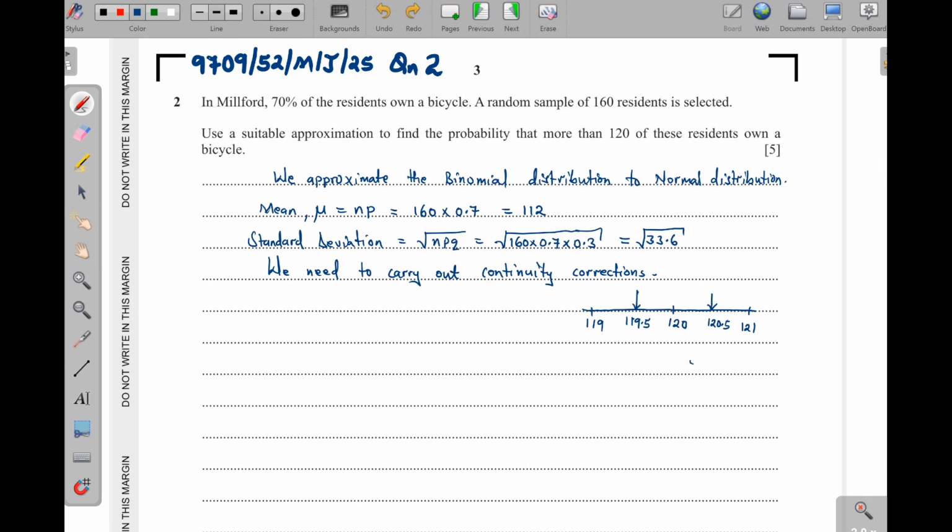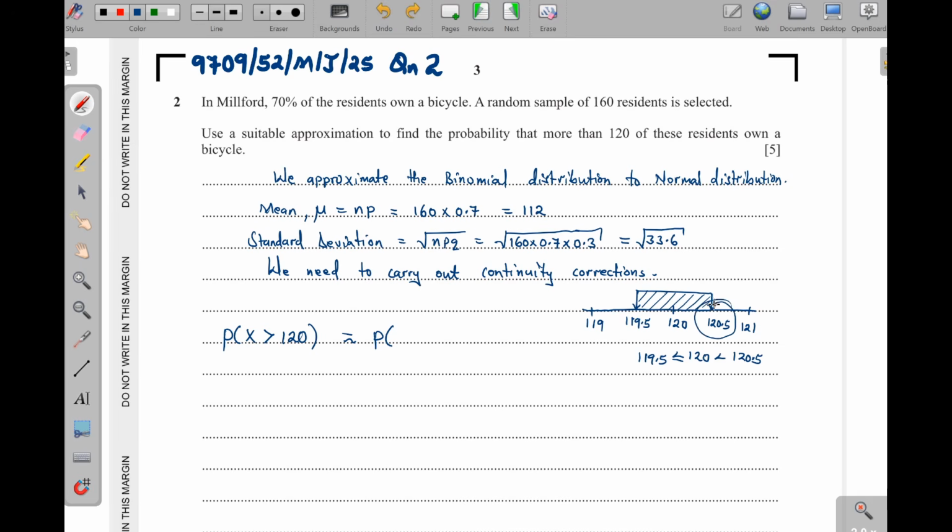So for this case, we see 120 lying within this region here. So we have 120, and this is 120.5. And then this one is 119.5. Now we are looking for the probability of x greater than 120. We need to standardize, okay? Now this one, when we round off, by the way, you are supposed to use either the upper bound or the lower bound, okay? We have to choose one of them. So when you round off, which one are you going to round off such that what you get is more than 120?